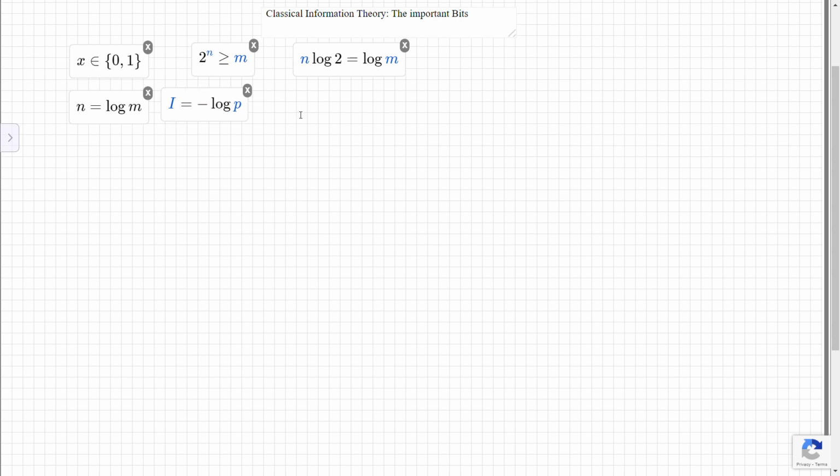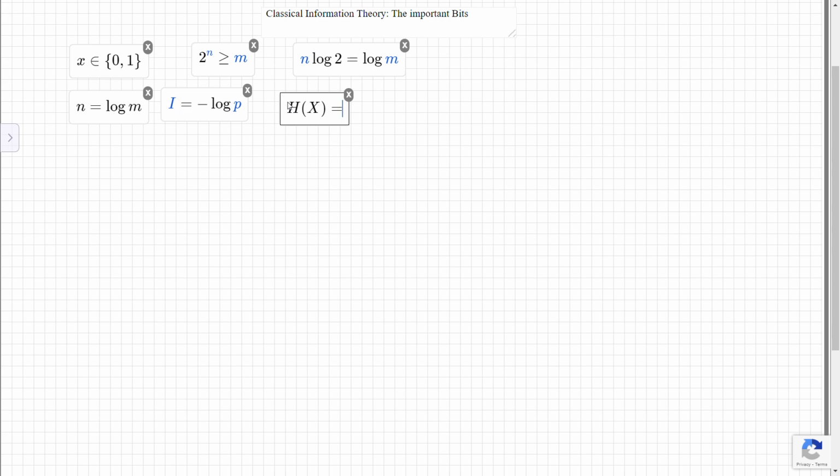But we need to formally define what information is, or how much information a message has, right? So we can define it in a more formal way like this: let's say there's an x. Okay, x is a random variable, and H is basically the entropy.